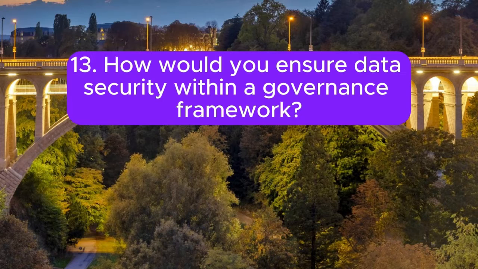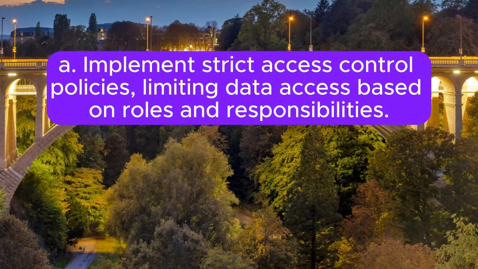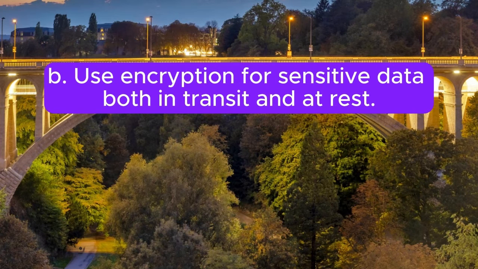13. How would you ensure data security within a governance framework? Answer. To ensure data security within a governance framework, I would A. Implement strict access control policies, limiting data access based on roles and responsibilities. B. Use encryption for sensitive data both in transit and at rest.